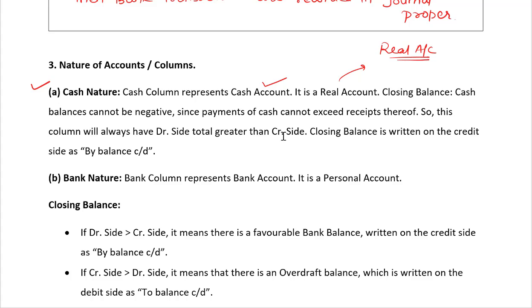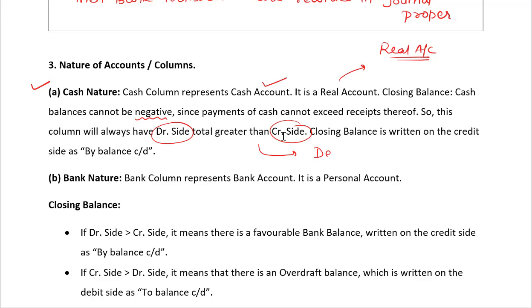Closing balance: cash balances cannot be negative, as I just told you that payments can't be more than receipts. Since payments cannot exceed receipts, this column will always have a debit balance, so the debit side total is always greater than the credit side total.